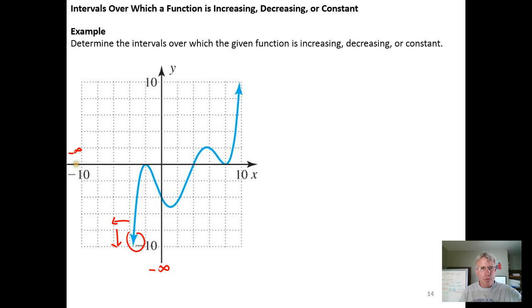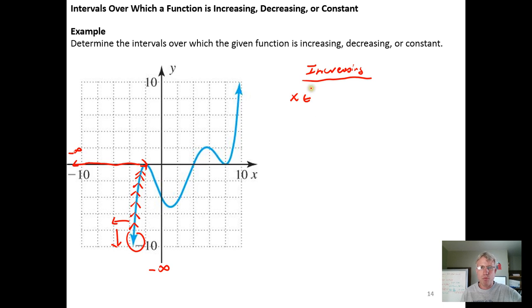And I can see as I come from -infinity along the x-axis up to this local maximum right here, over that interval the function is rising or going up. It's increasing. So my function is increasing.